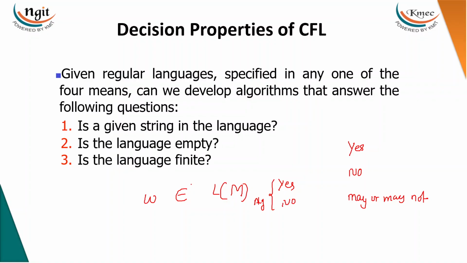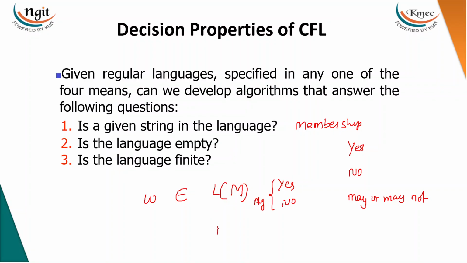Not only that, all the properties are decidable under regular languages. But when it comes to CFL, some are not decidable. We'll discuss that. Is a given string in the language? This is called the membership problem, and of course this is decidable. We'll take an example of how to check it. Is this language empty? What does it mean?